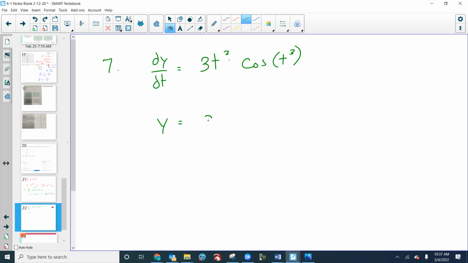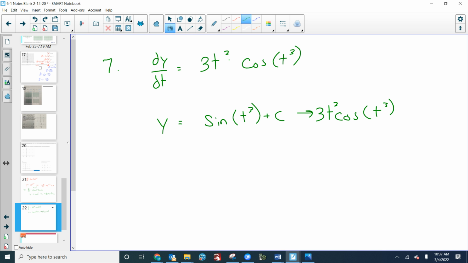Let's try it. Sine of t cubed plus a constant. Let's take the derivative. The derivative of the outside would be cosine. Leave the inside alone. Remembering our derivative rules from way back, take the derivative of the outside, leave the inside alone, allows us to see this inside must have been left alone originally. So it gives us a leg up, times the derivative of the inside, 3t squared. Do we have a 3t squared?